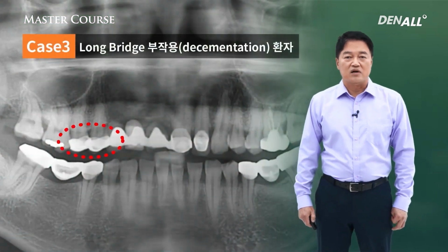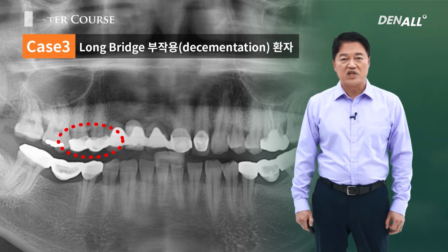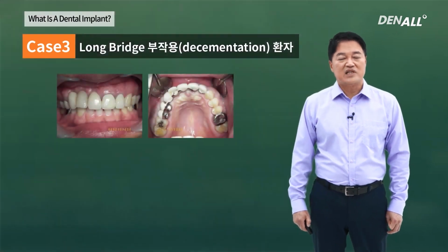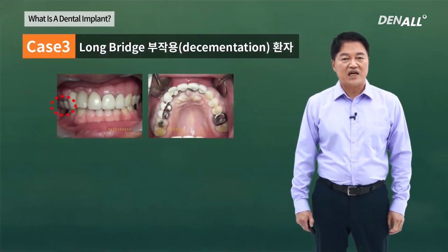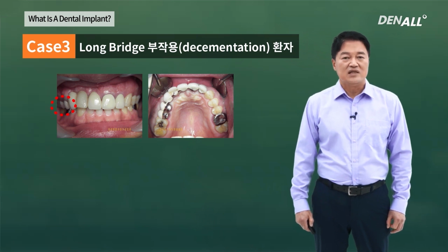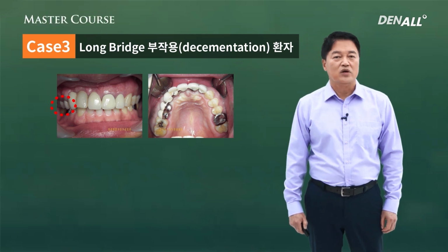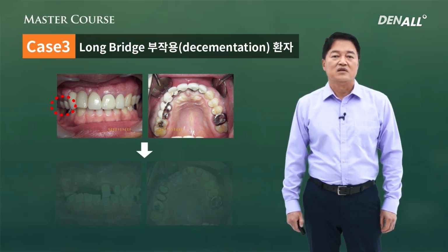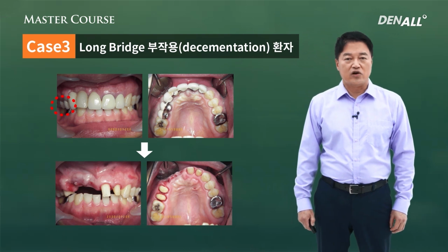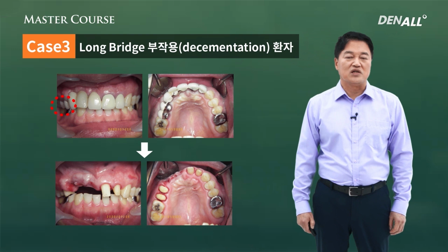Let's look at a third case. In the three missing areas, 7-unit bridge was done. As you can see, this was a long bridge, and in number 24 and 25, the surveyed crown tooth, the clinical crown was very short and decementation occurred, and there was mobility. I removed the bridge, and when I did retreatment, I could not do bridge.